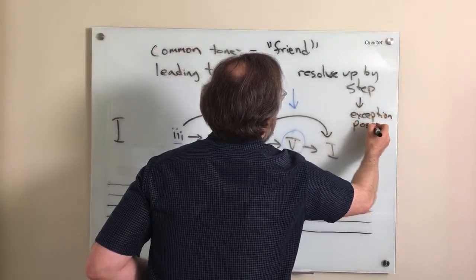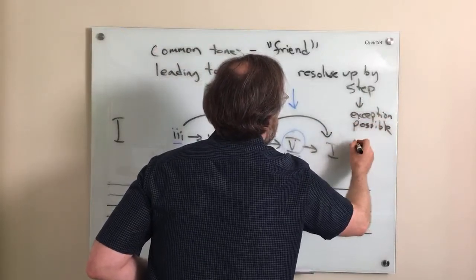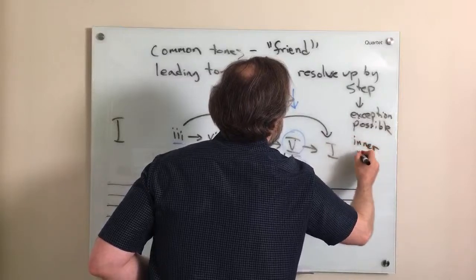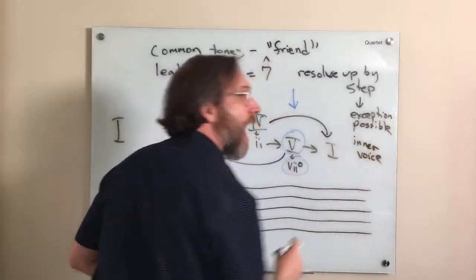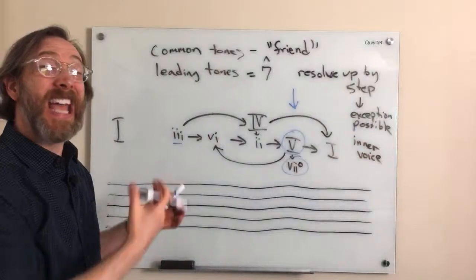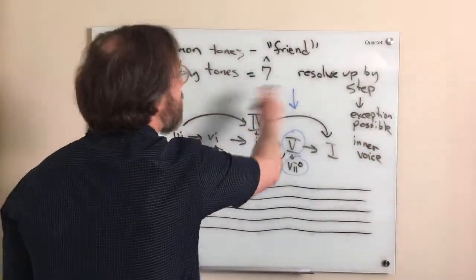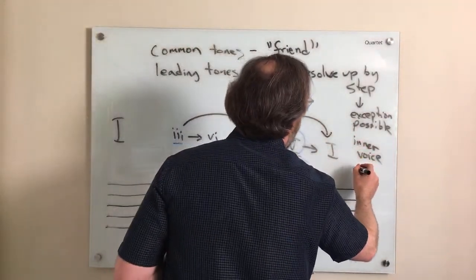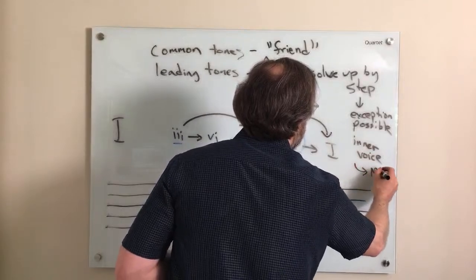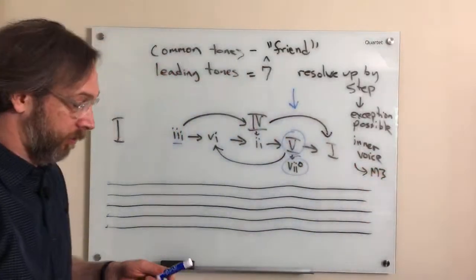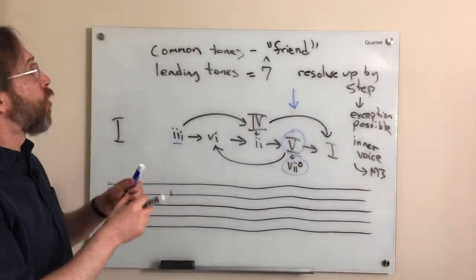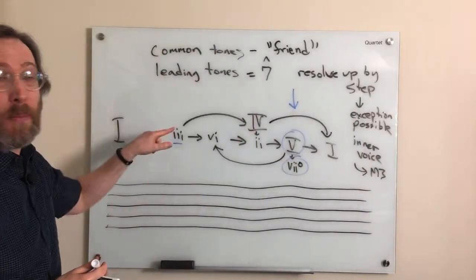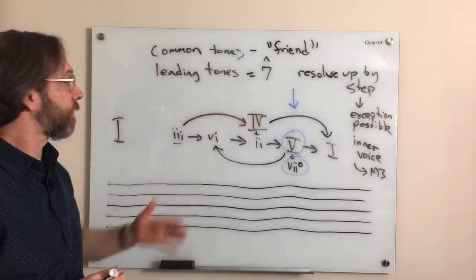An exception is possible when it's in an inner voice, meaning the alto or the tenor. Okay? If it's in the alto or the tenor, the leading tone does not have to resolve up by step. It will often instead resolve down by a major third. All right? If your leading tone is in the soprano or the bass, it must resolve up.